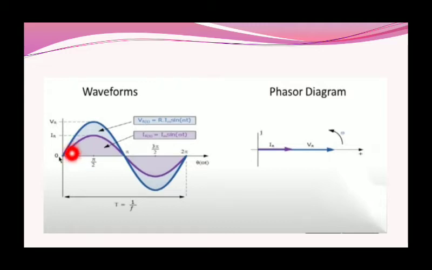The voltage waveform is starting from 0 degree and it is quite bigger. That's why on the phasor diagram, the arrow length of voltage is bigger and it is on the x-axis. The current is also starting from 0, but its magnitude is less than voltage. That's why we are showing it with a small arrow, because the current is small, and the voltage arrow is bigger because the voltage is bigger.